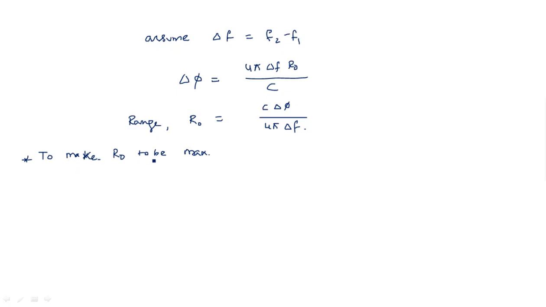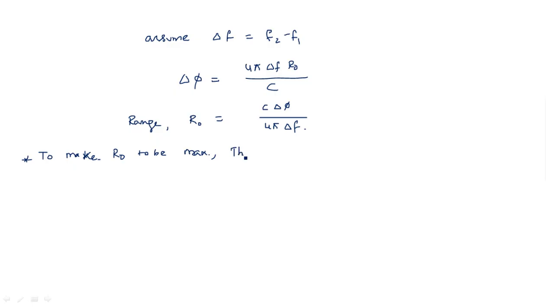To make R naught maximum, what parameter do we need to concentrate on? Delta f. Delta f should be minimum. Otherwise, we can say delta phi should be maximum.